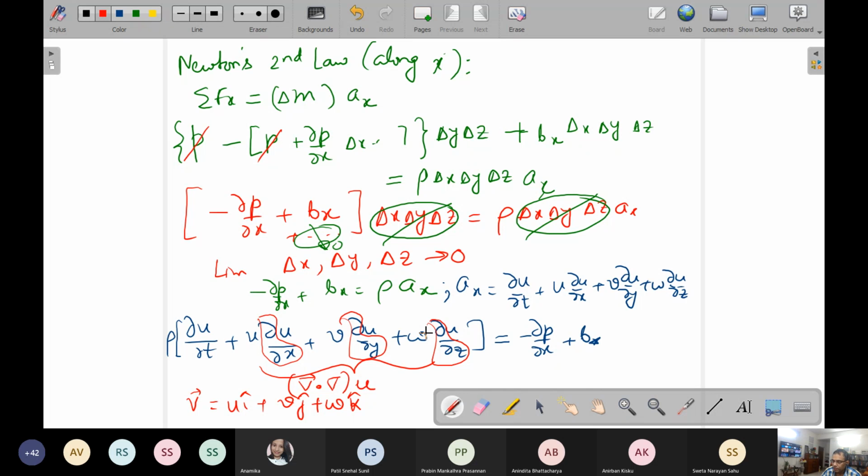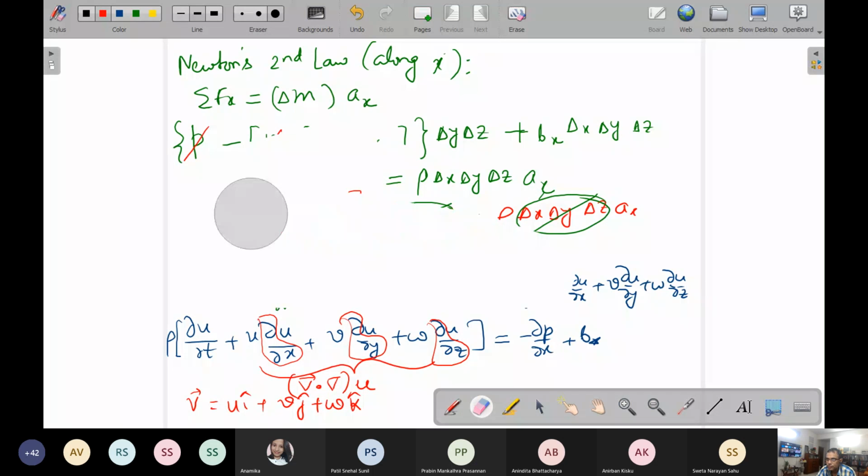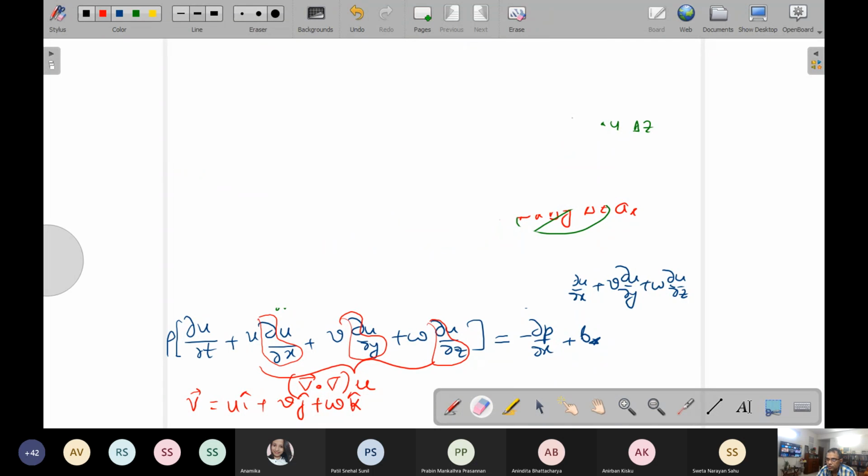So in a compact, partially vector form, not completely vector form, if we now write this x component of equation of motion, we will be able to write the following.